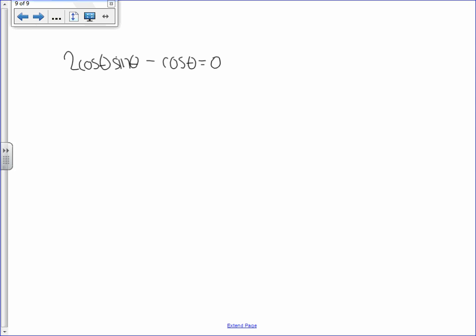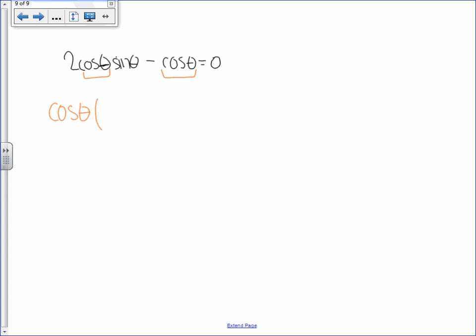Okay. In this case, first off, we do have 2 trig functions. We have cosine and sine going on. Okay, but notice we don't have a cosine 2 theta like we did in the last one. We don't have something where I know an identity to substitute in for it. Okay, but notice I do have a cosine theta in both terms, so I can factor out a cosine theta.